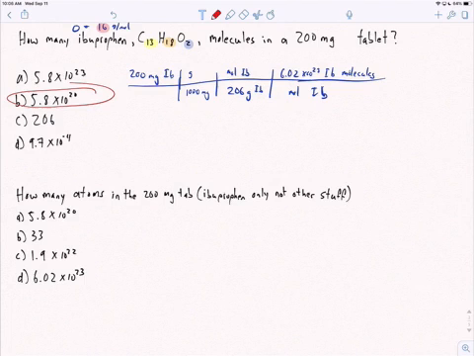So 6 times 30 is 18. Oh no, wait, I'm sorry, that's 180. Oops, what am I saying? 6 times 30 is 180. So then it's 180 times 10 to the 20, so that's 10 to the 22, 1.8 times 10 to the 22. So C is the right answer.